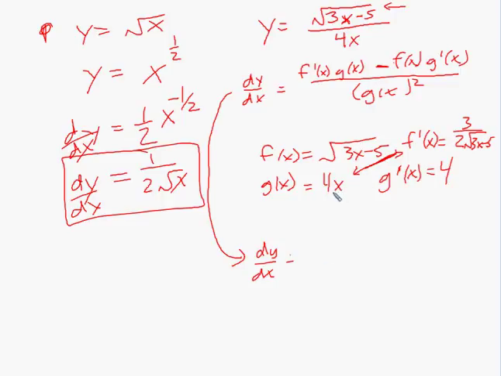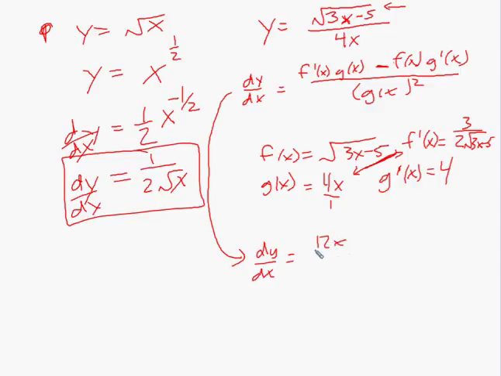What's my denominator on this one? 1. So it's 4x times 3. So that's going to be 12x.